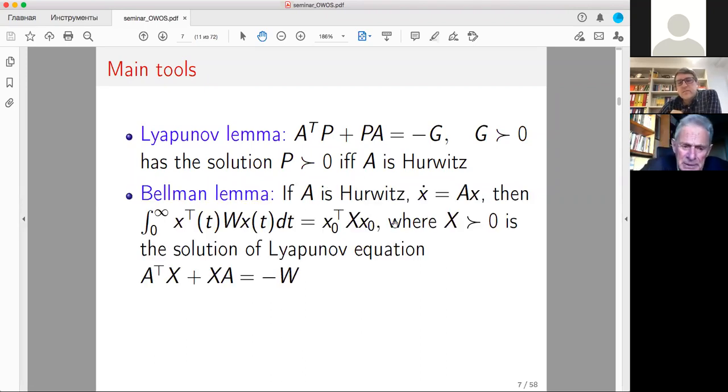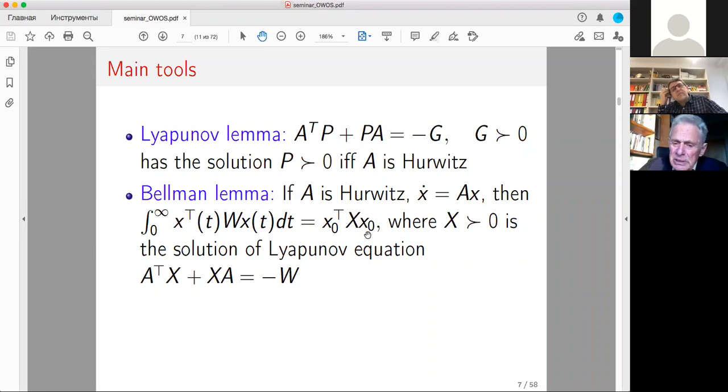The second tool is the Bellman lemma, that if matrix A in this linear differential equation is Hurwitz, then we have an expression for this integral of a quadratic function of X. And it is equal to this quadratic form.